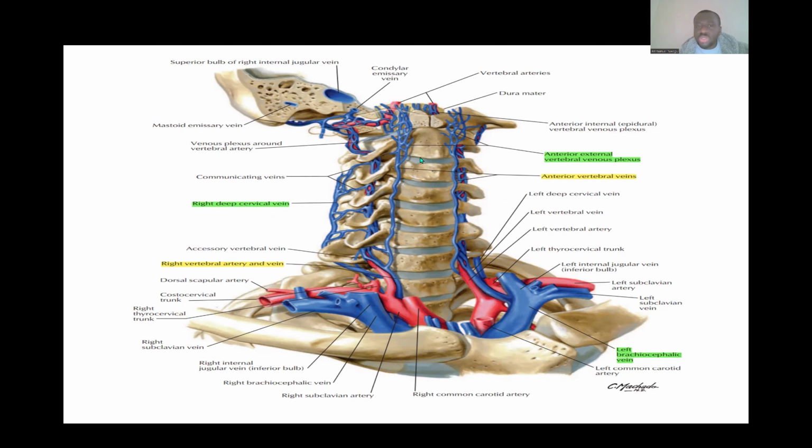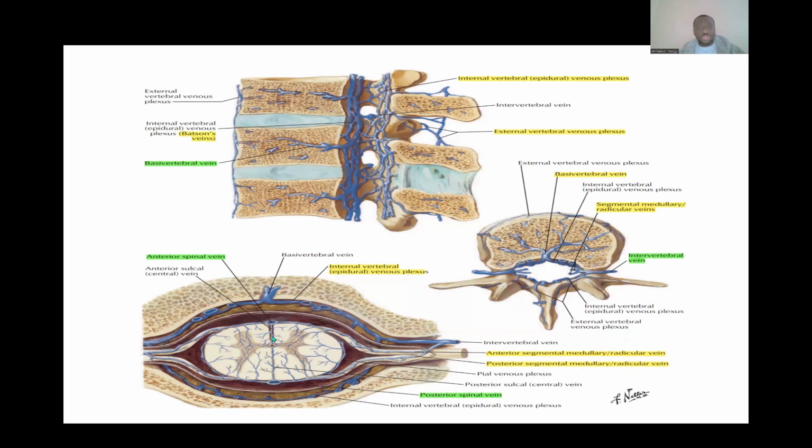So in summary, you just need to know that you have the medullary veins that drain the spinal cord, both into the internal vertebral plexus and through the anterior and posterior radicular veins, via the intervertebral vein, to the external plexus.